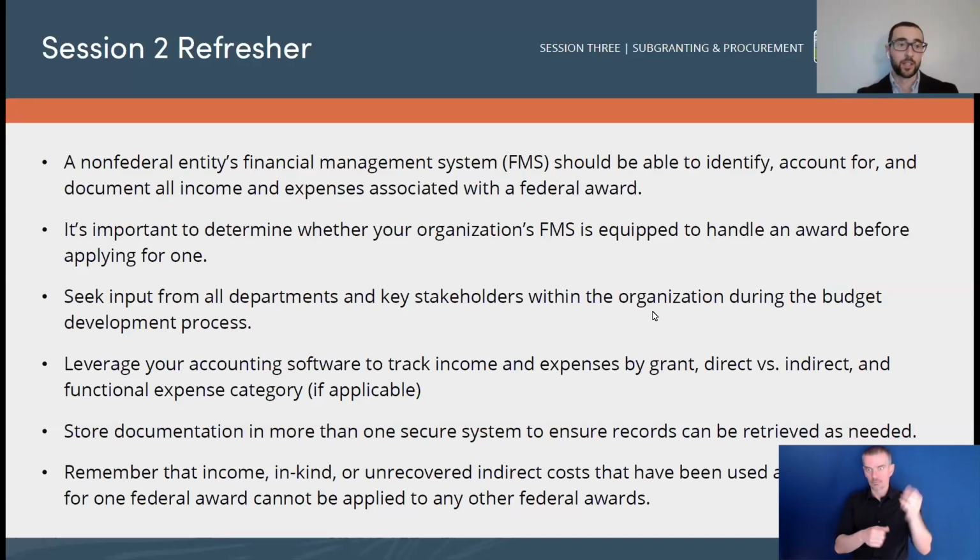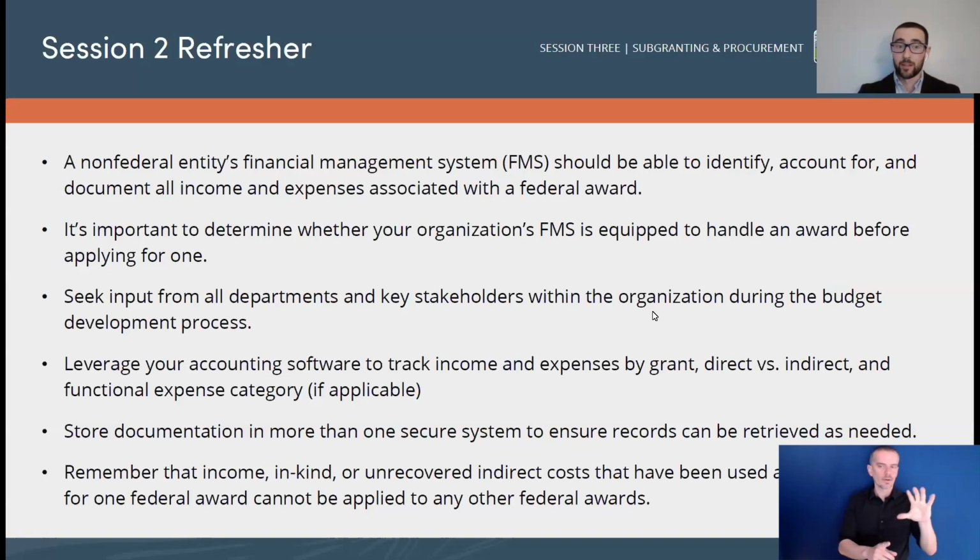It's important to get input from all departments at your organization and any key stakeholders involved during your budget development process for a federal award, and also for your organizational budget. And it's also important to use your accounting software, which is a component of your financial management system, to track income and expenses by grant, tracking direct and indirect costs, and also tracking functional expense categories. That's applicable to you if you are a 501c3.